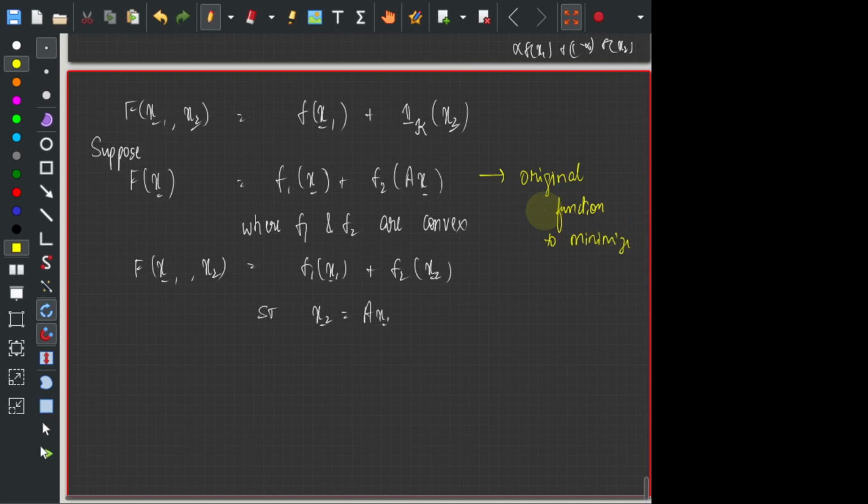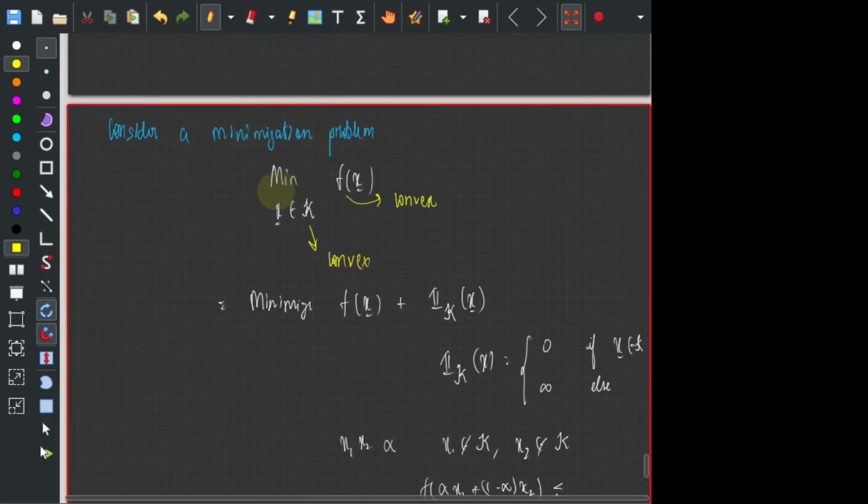This was the original function that I wanted to minimize. I've just converted this to a constrained minimization. Right? And I'm doing this because I know that I can formulate any constraint optimization problem in this particular form. Okay. Right now it's all mysterious as to why I'm doing this exactly.